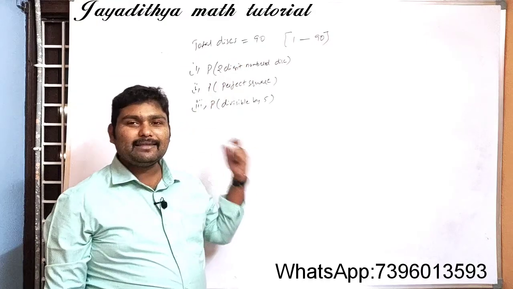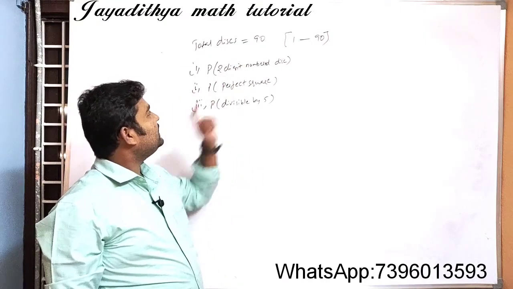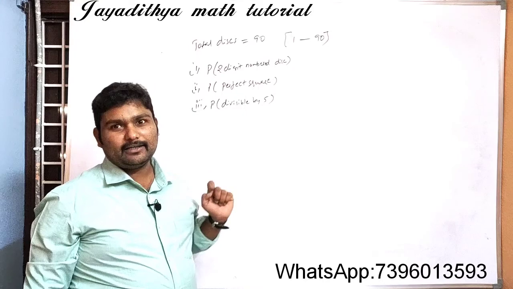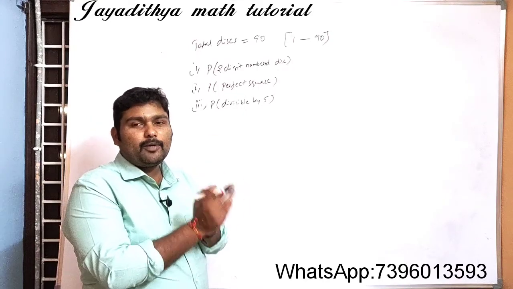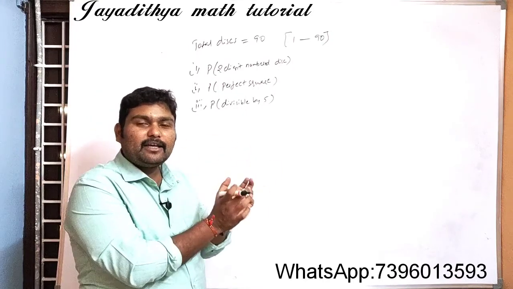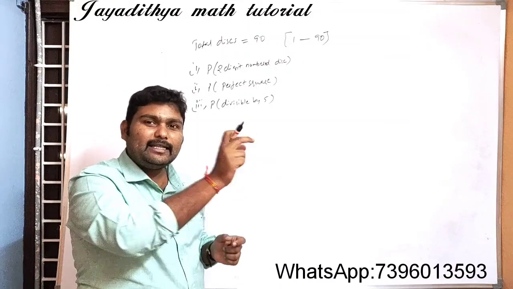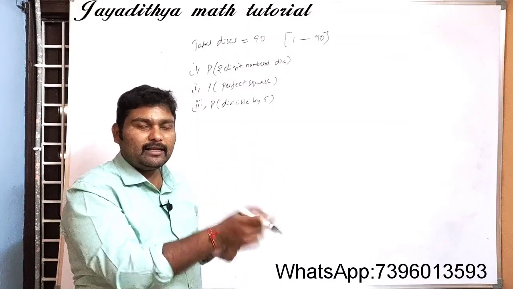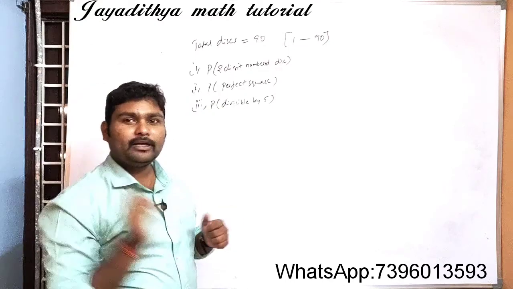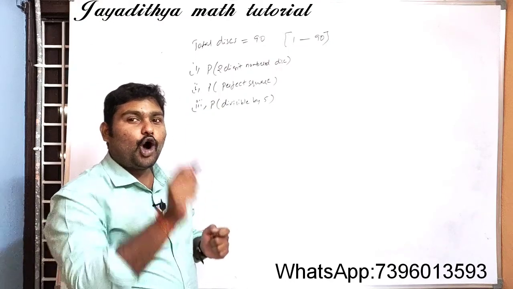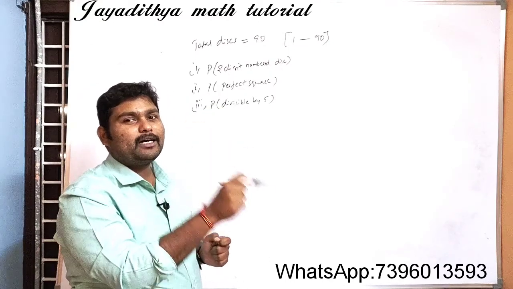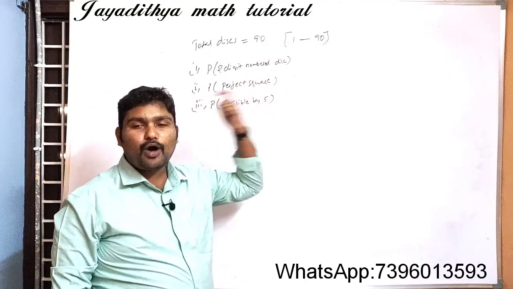So you need to understand these conditions. The first thing is 2-digit numbered. Understand the problem. Suppose there is a box in which we have 90 coins, numbered 1, 2, 3, 4 up to 90. So how many 2-digit numbers will be there in that box?